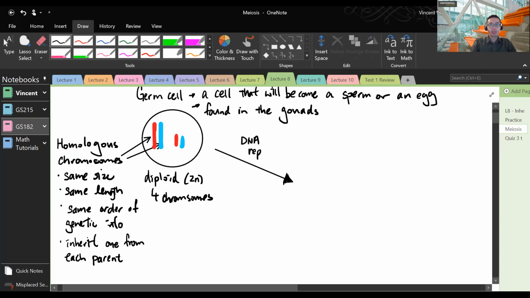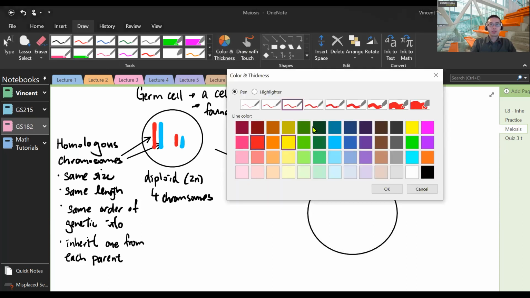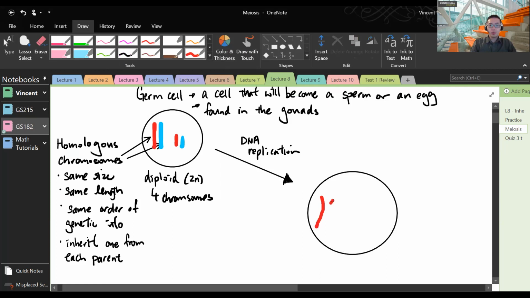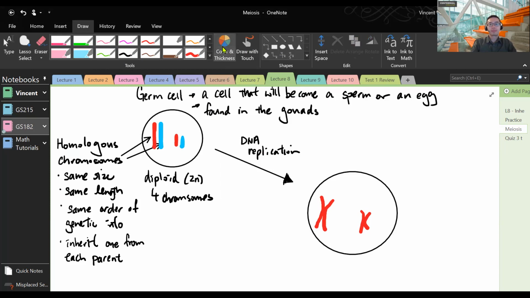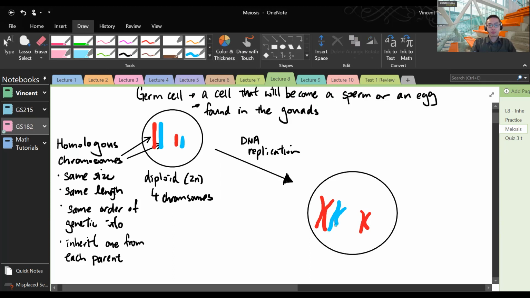So after DNA replication, we are going to have 2 chromosome 1 from mom now. Then they're of course stuck together at the centromere. I'm going to have 2 chromosome 2 from mother. And then same thing for the father chromosome, the paternal chromosome.